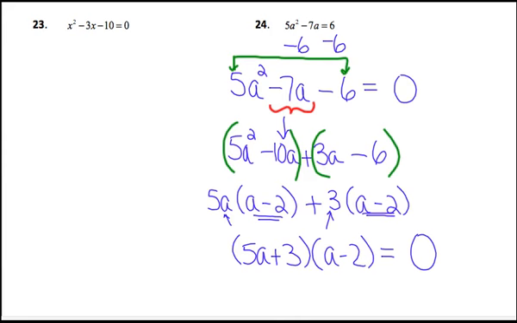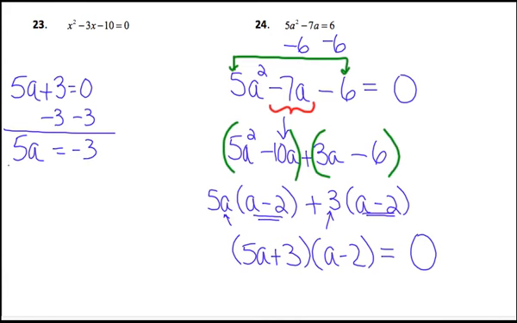I can set 5a plus 3 equal to 0 and subtract 3 from both sides of the equation, and then divide by 5. So there's one of my solutions, a is negative 3/5.